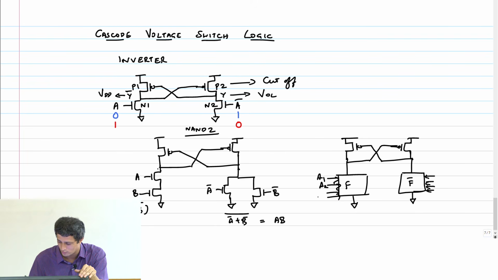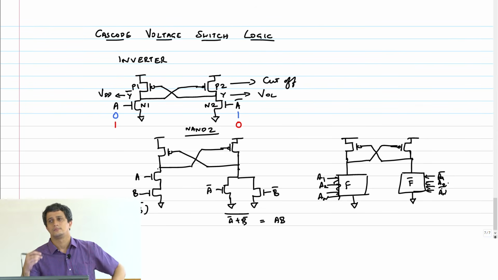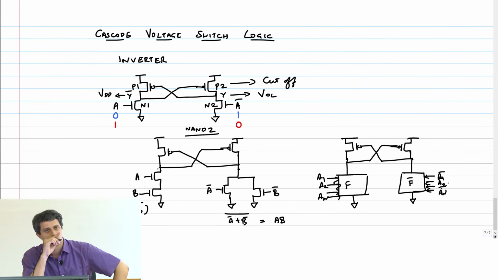A1, A2, AN, A1 bar, A2 bar, AN bar. So you can implement any arbitrary logic in a style similar to pseudo NMOS, but avoid all this static current.